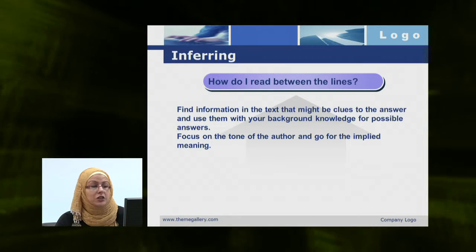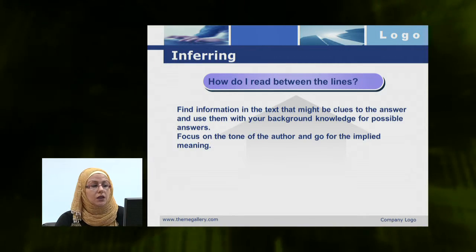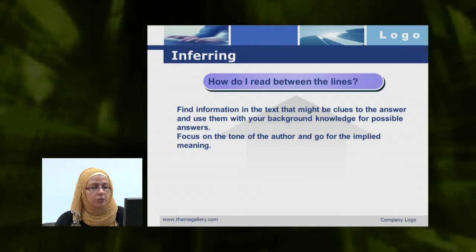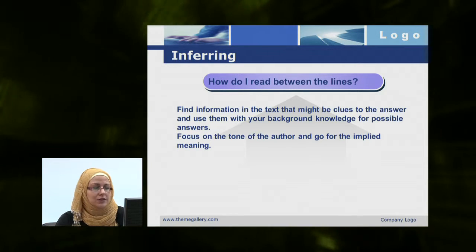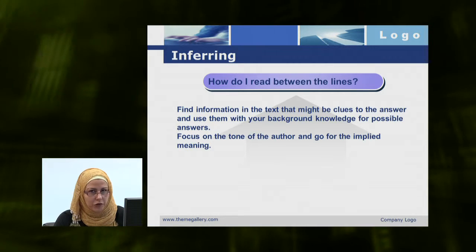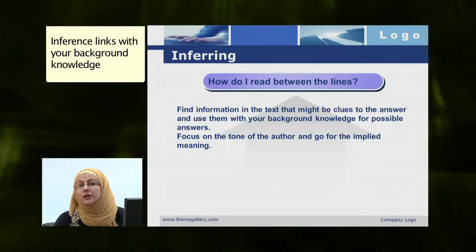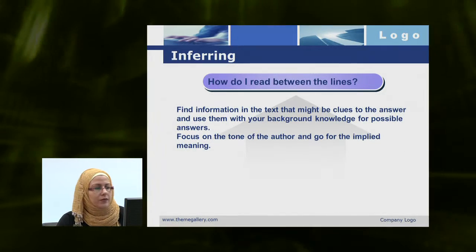I need to find information in the text that might be clues to the answer and use them with background knowledge for possible answers. So inferring underlies a link with your background knowledge.